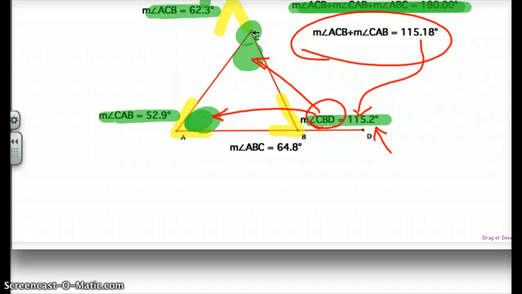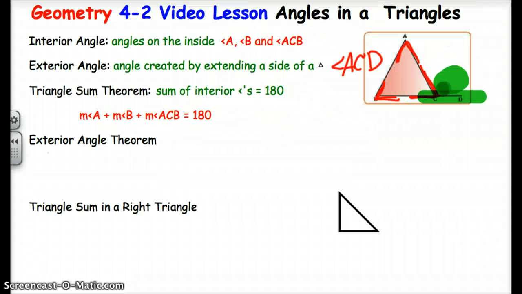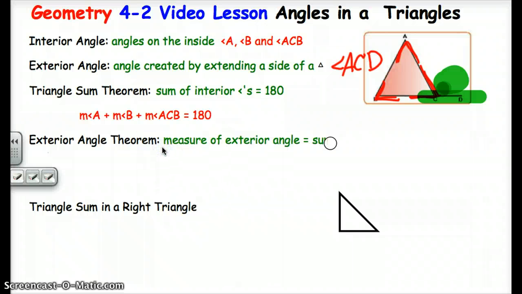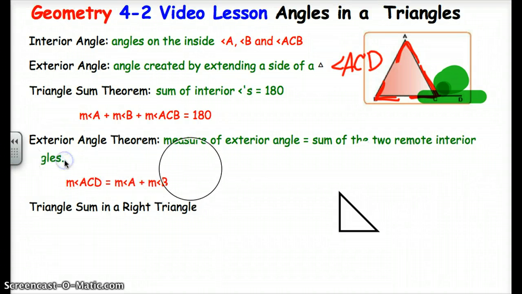So now let's go back to our notes. My exterior angle theorem says the measure of the exterior angle equals the sum of the 2 remote interior angles.